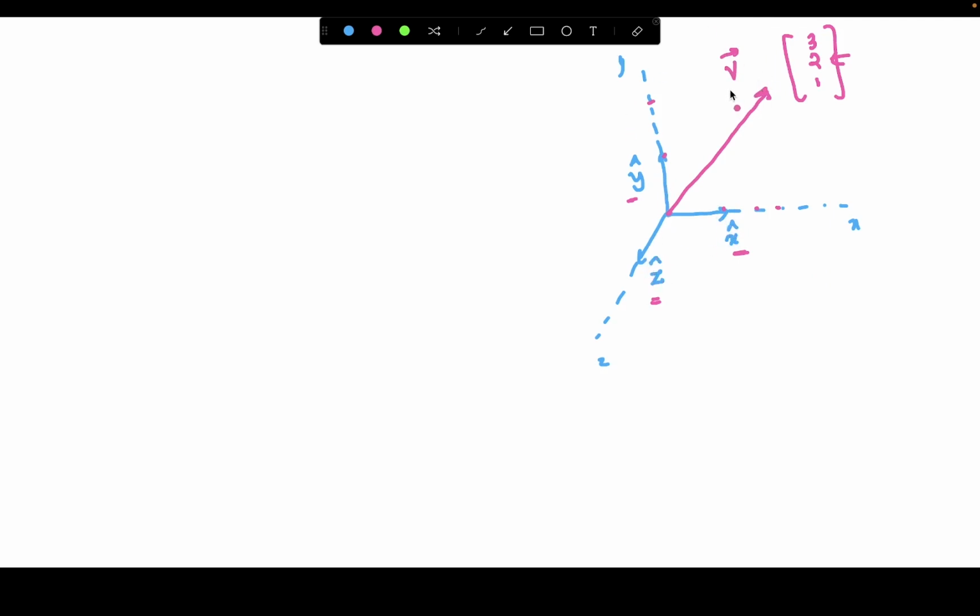Any vector that we define, like v bar, has its components or coordinates represented with respect to these three basis vectors. So all these unit vectors are called basis vectors. Your vector coordinates or vector components are defined based upon these basis vectors like x hat, y hat, and z hat.